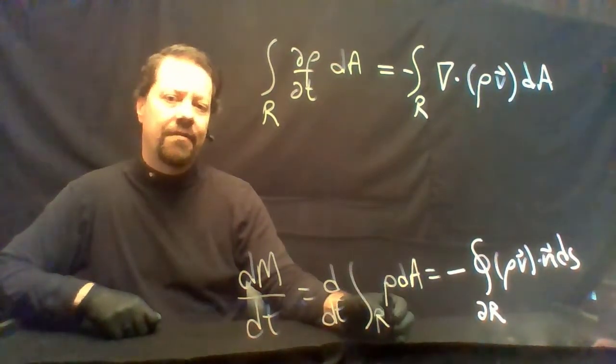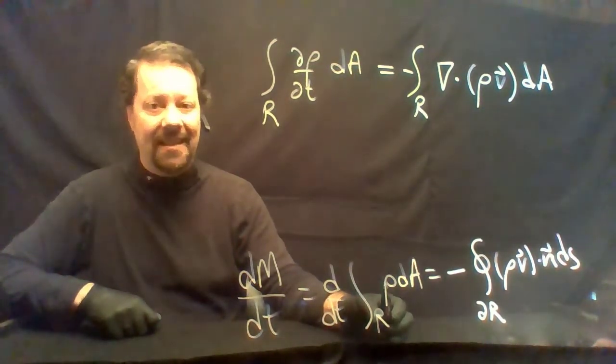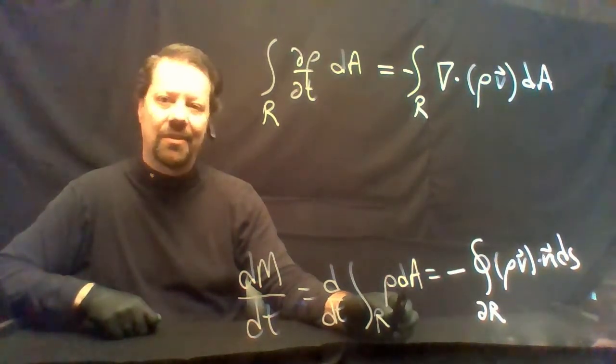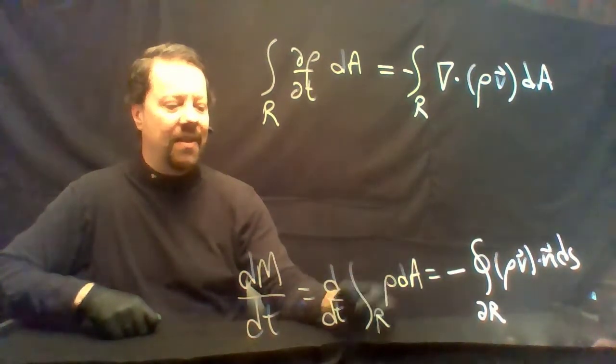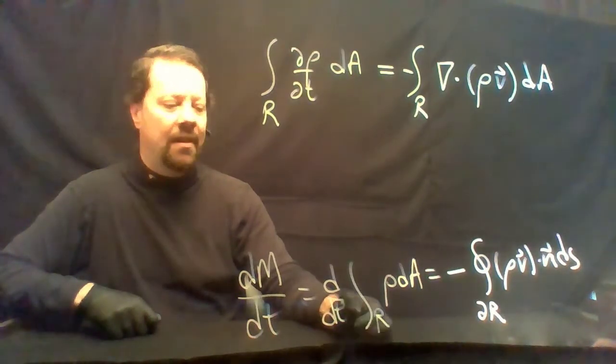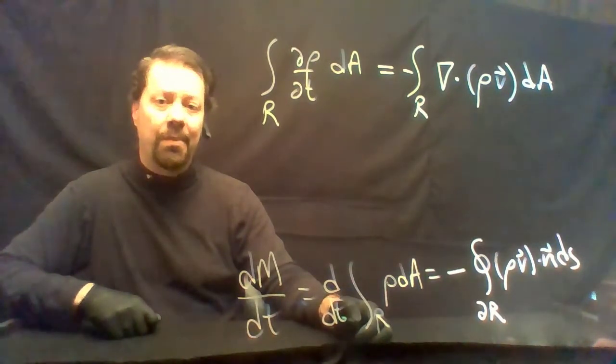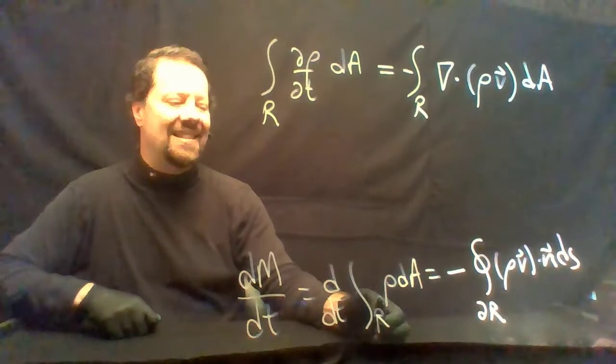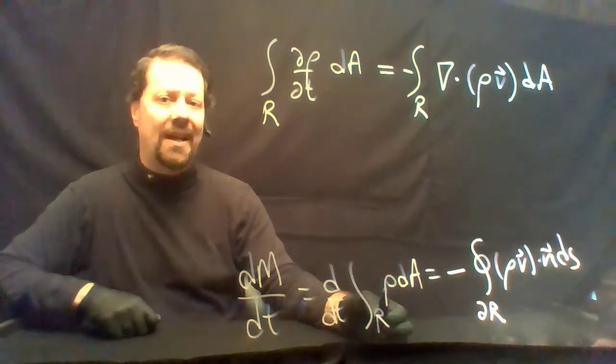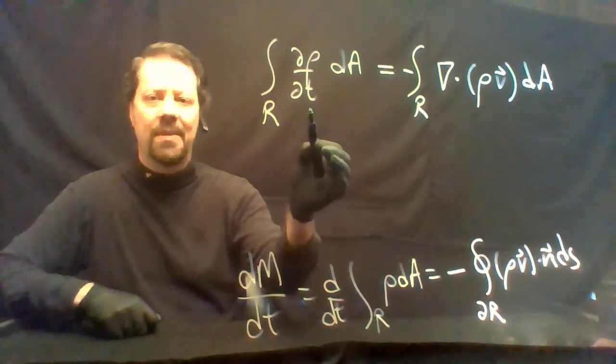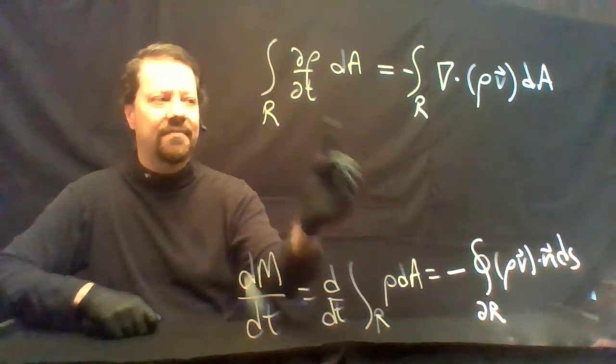If rho is a function of x, y, and t, time, and we integrate out x and y, we end up with something that only depends upon t. So an ordinary derivative is appropriate here. But when we bring it inside, rho is still a function of x, y, and t. So there we must use a partial derivative.